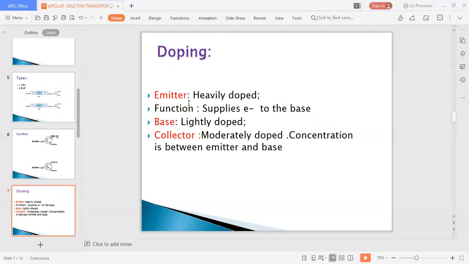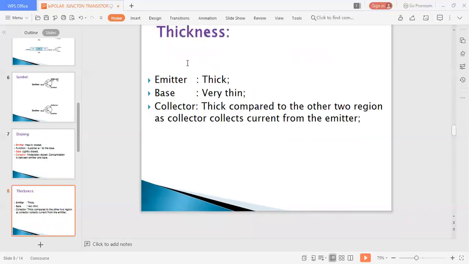In BJT, the emitter is heavily doped and it supplies electrons to the base. But the base is slightly doped and the doping concentration of the collector is between emitter and base. It collects electrons from the base. Thickness.